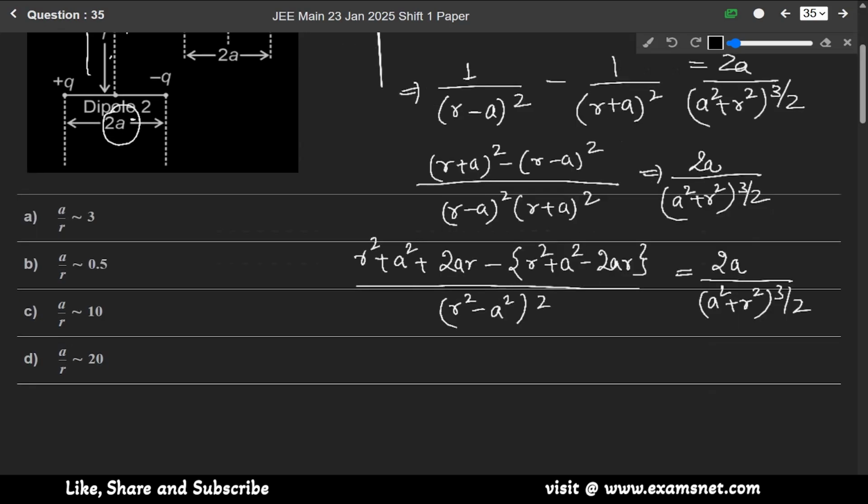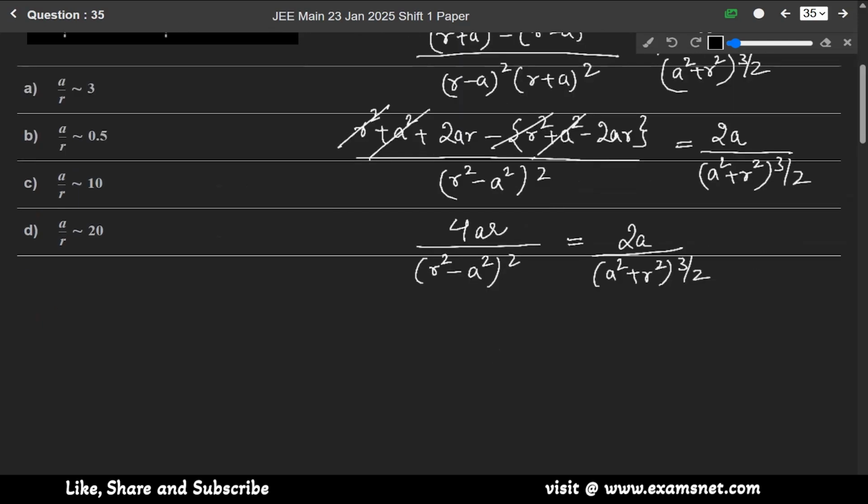Now solving it, we get this r square cancels, a square cancels, and it will become 4ar over (r square minus a square) whole square. It will be equal to 2a over (a square plus r square) raised to the power 3 by 2.